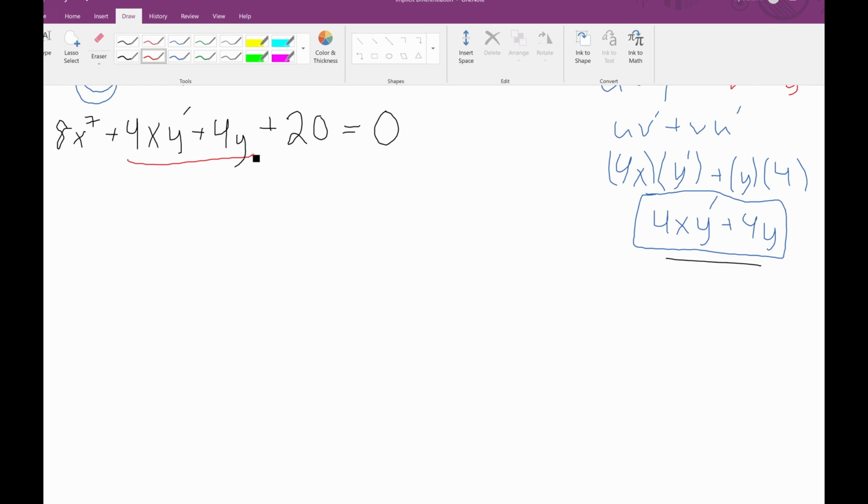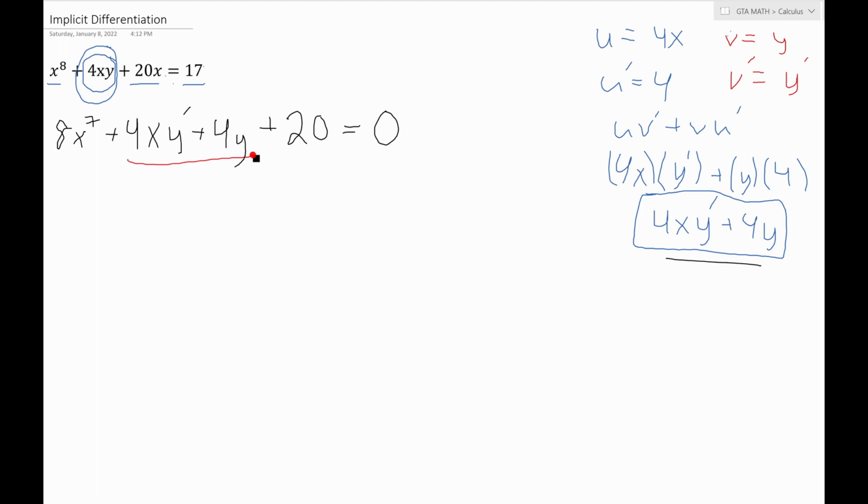Whenever we're solving implicitly, we're looking for this in terms of dy over dx. I didn't write that down, which is my fault. So we're going to actually be looking for what y prime equals.